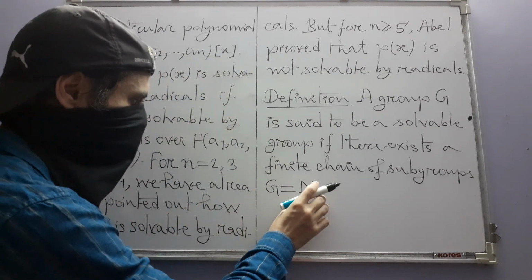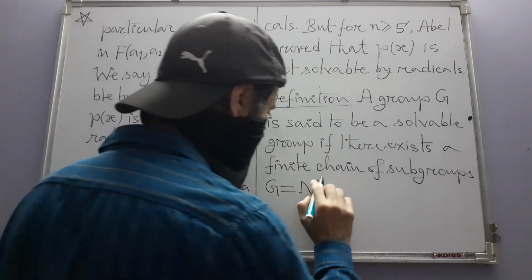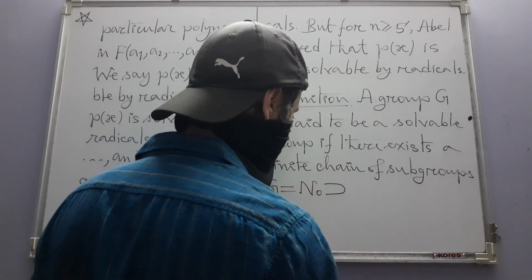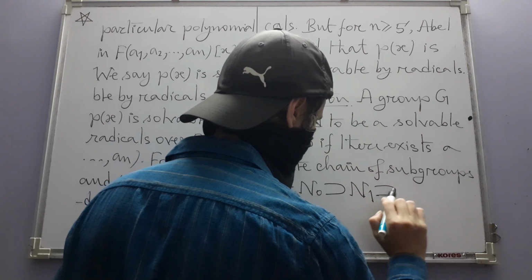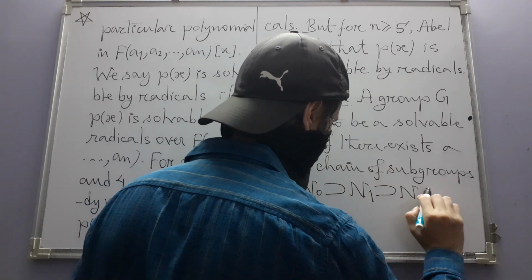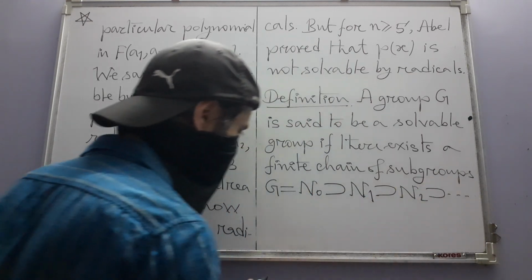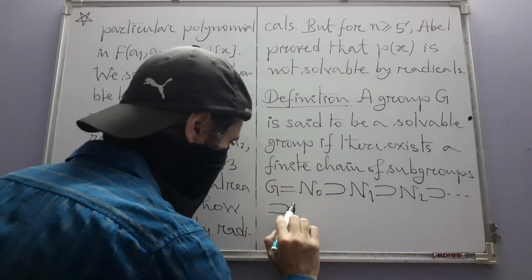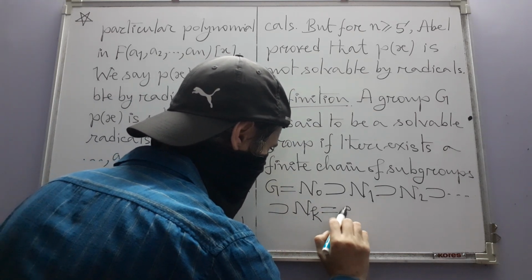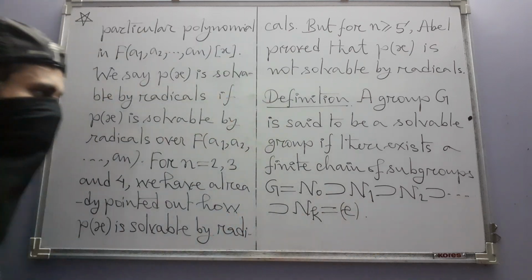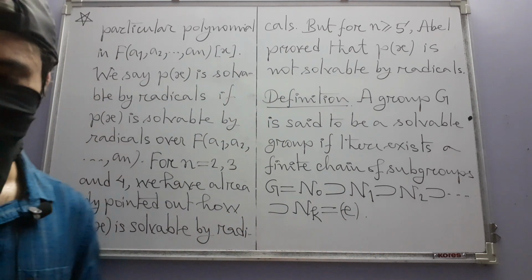The first subgroup is G itself, and then we have N1, N2, and it goes like this. Eventually, we reach Nk, and that last subgroup is the trivial group, such that there are other conditions also.